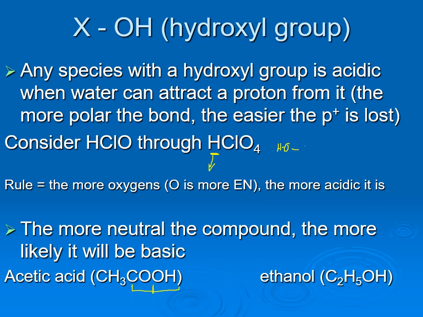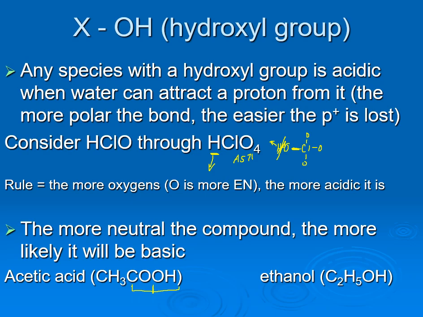It's bonded to the oxygen, and these oxygens are bonded to the chlorine. And the stronger this bond is, the weaker this bond is. And the more oxygens, the weaker this bond actually gets, and the more easily the hydrogen is lost. And so that's why acid strength goes up with more oxygens.